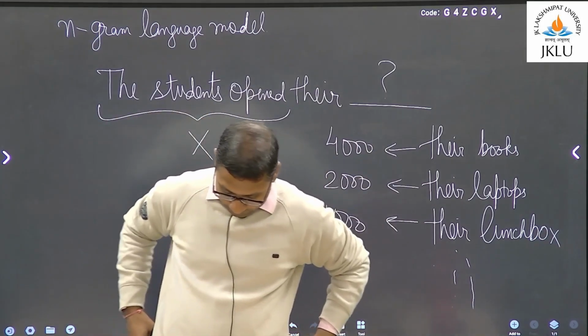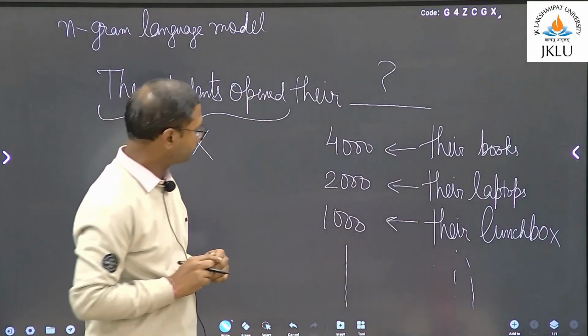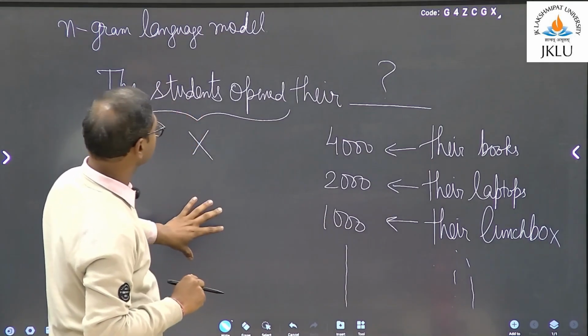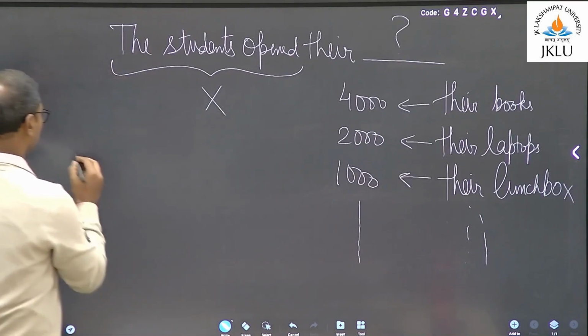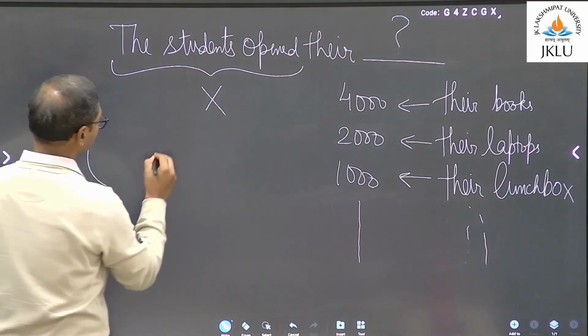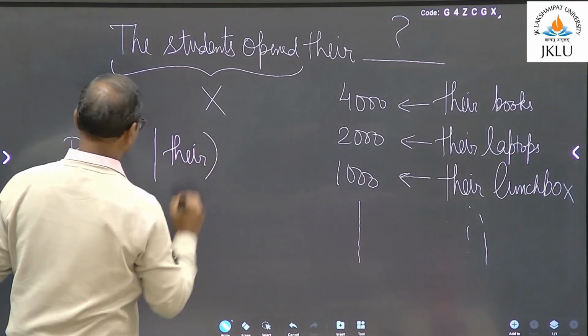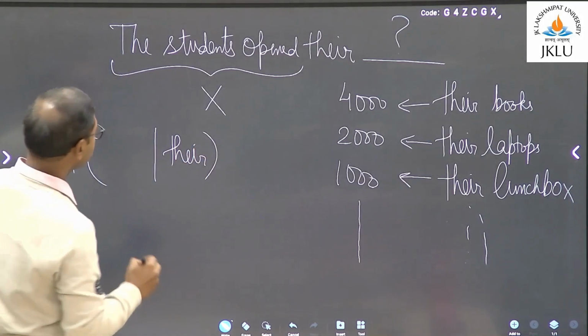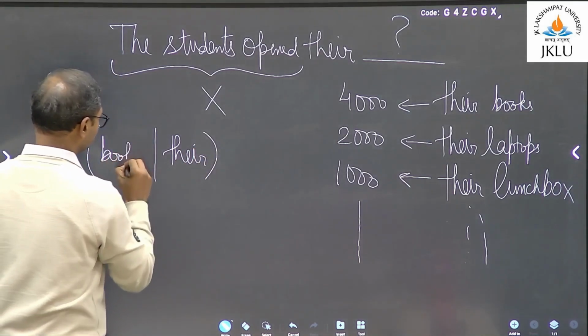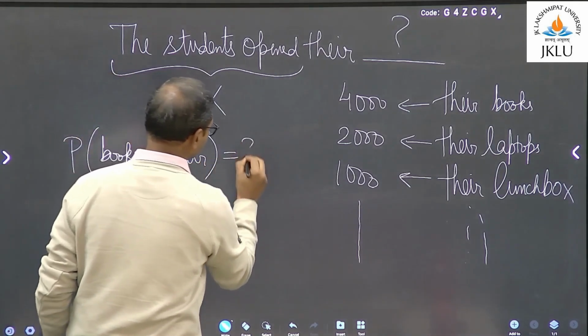What do I do now? So, what is the probability of books given there?